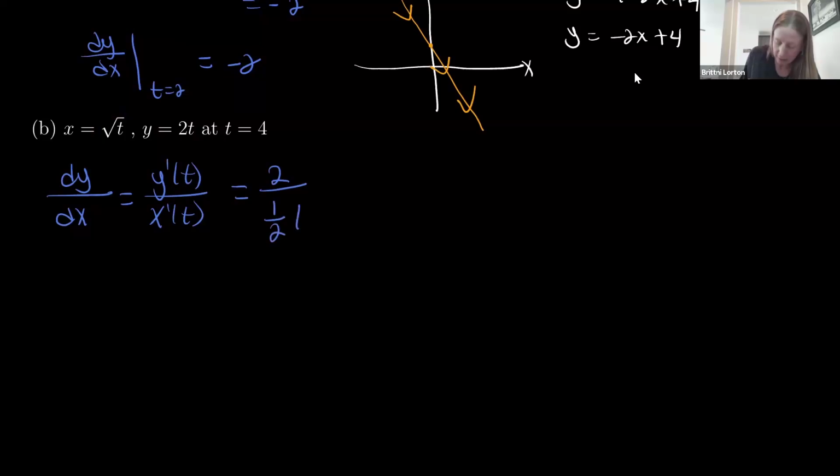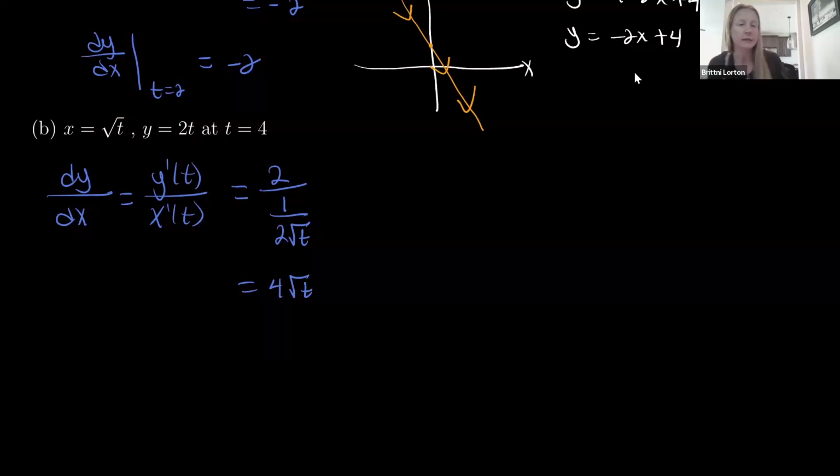You might think of that as 1/2 t to the negative 1/2, by bringing the power down and subtracting 1 from the power, or you can think of that as 1 over 2 times the square root of t, which simplifies to be 4 times the square root of t.